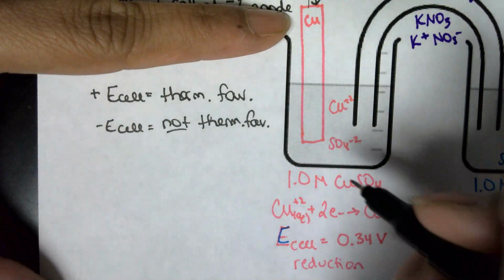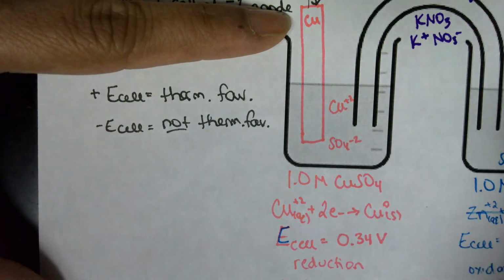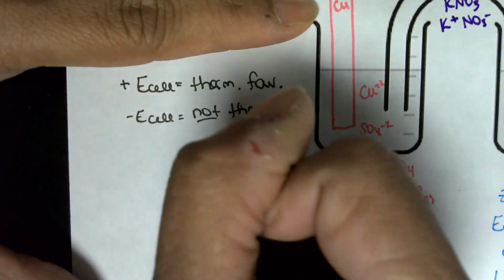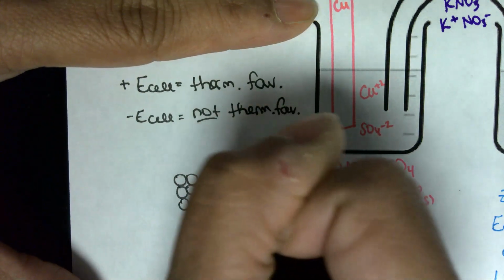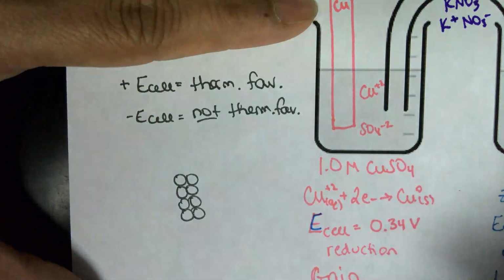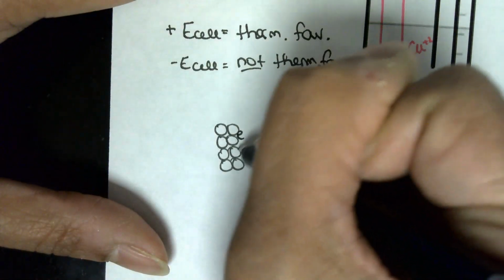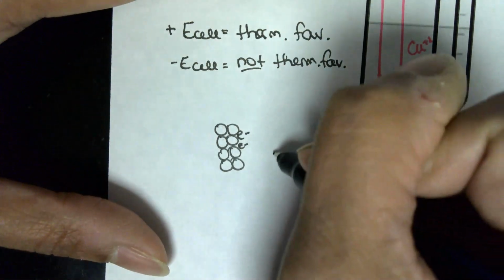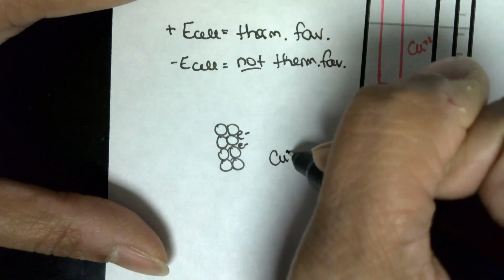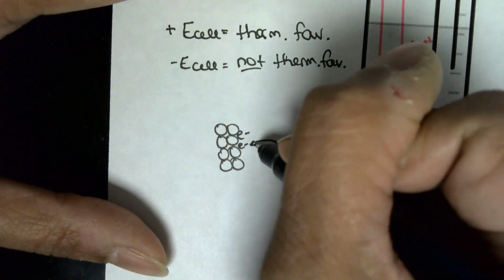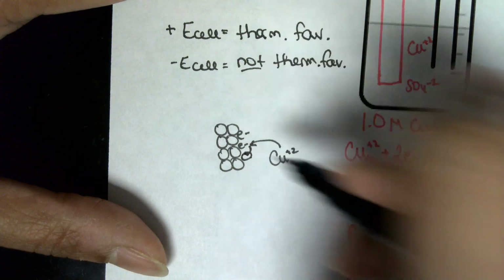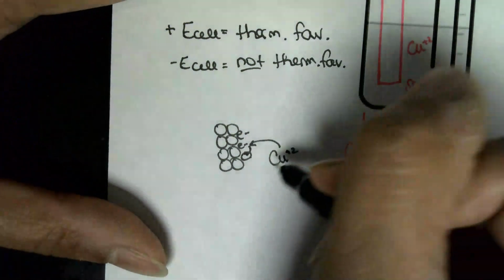So I can try to show you some really cool images. I think there's some other good ones online. I'm just trying to find the best one. But essentially, right here we have copper atoms. We also have some electrons. These copper ions are going to be attracted to that electron and then form more atoms.